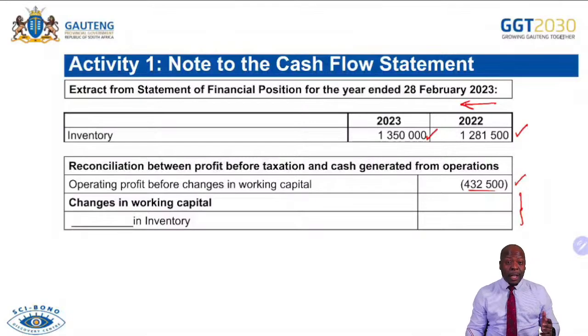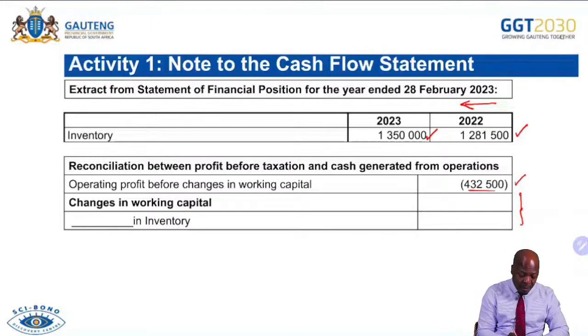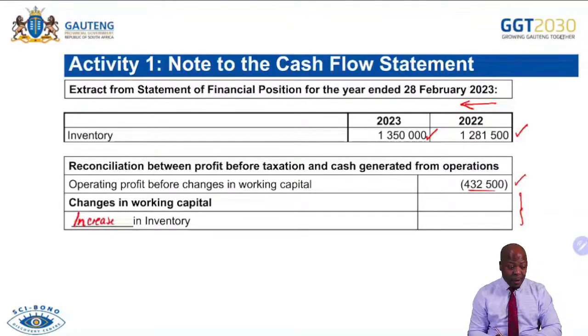You can see that in 2022 we had 1,281,000, but in 2023 it is now more, because we have 1,350,000. What does that mean then? That means we are having an increase. So we're saying we have an increase in inventory.